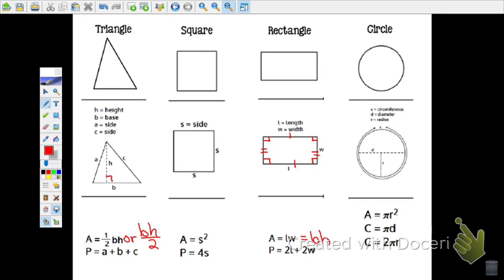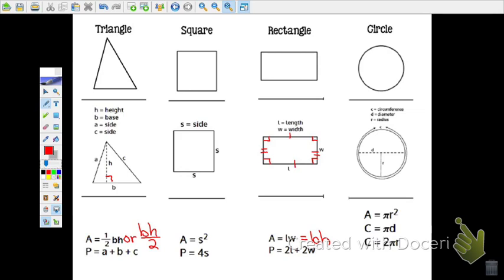When we're looking for perimeter, just like with the triangle, we're adding all 4 sides together, which you could certainly do. The formula that they show here, they just simplified, okay? Because we're going to have 2 L's and we're going to have 2 W's. All 4 of those pieces get added together.